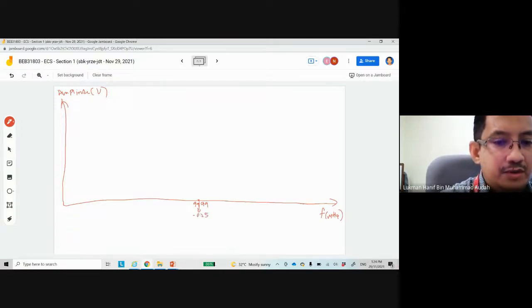Okay, and then if you see the first sideband is located at 99.994 with the amplitude of 2.5. Agak-agaklah 2.5 dekat sini.